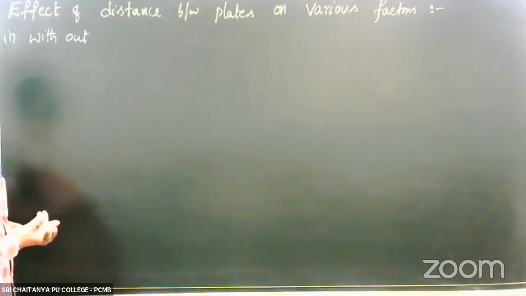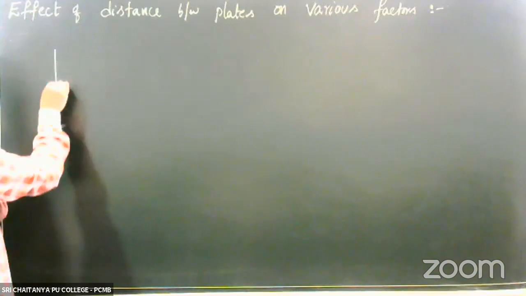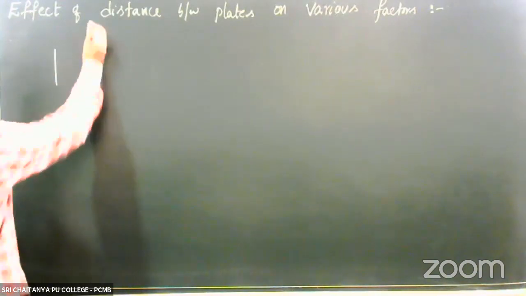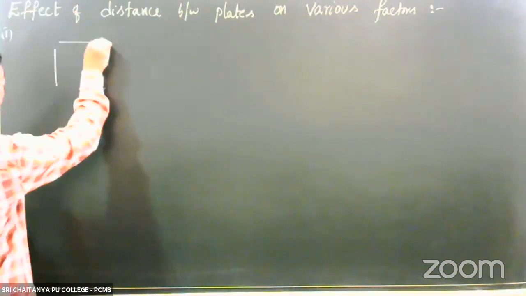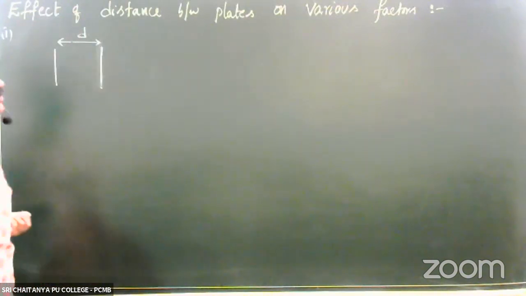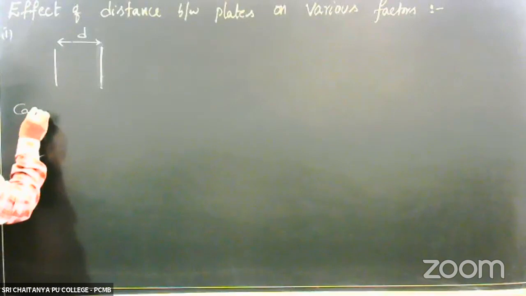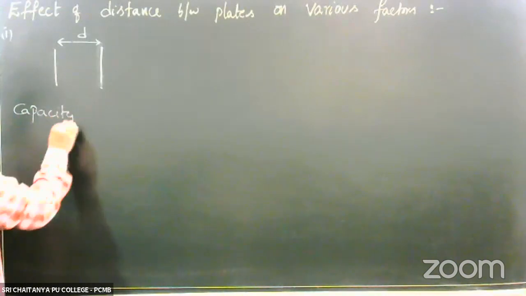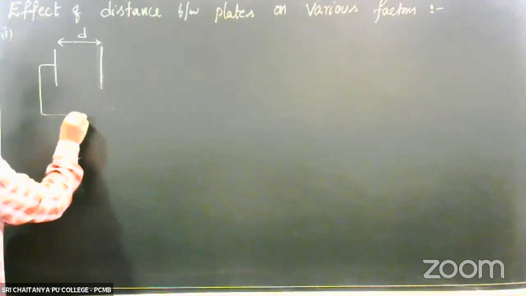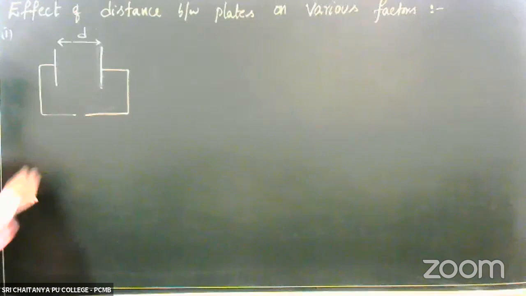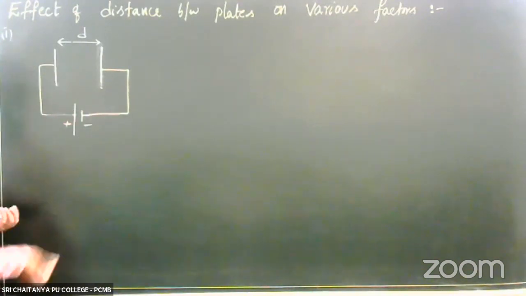Without disconnecting the battery, same thing. This is a capacitor. Distance between the plates is D, area of each plate is A, capacity C. Let it be connected to a battery.